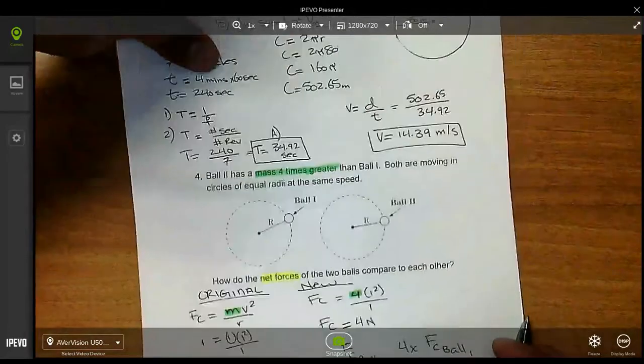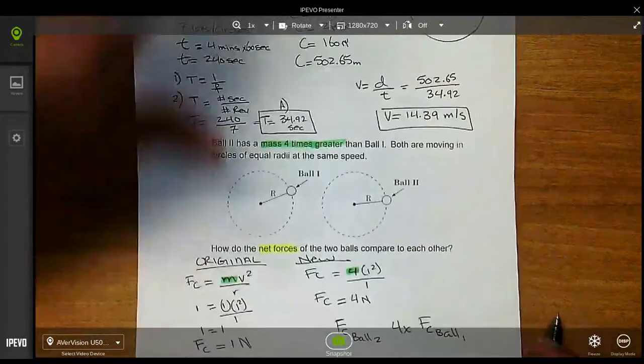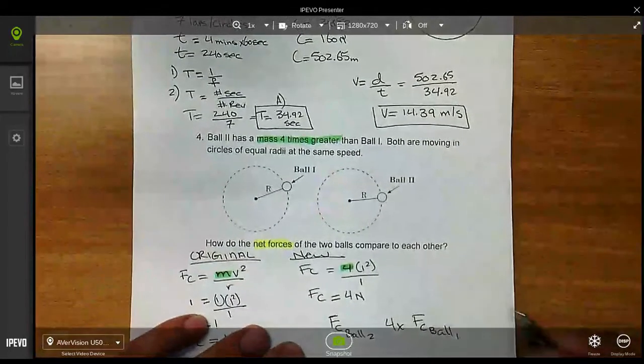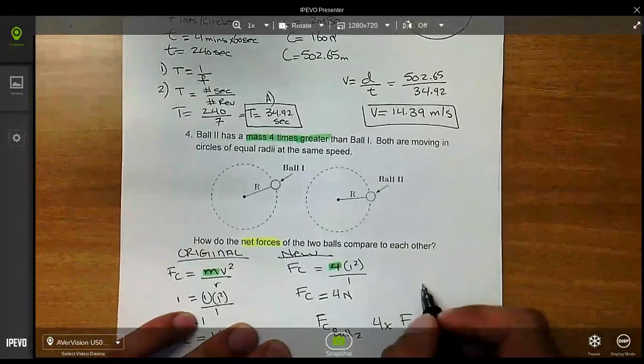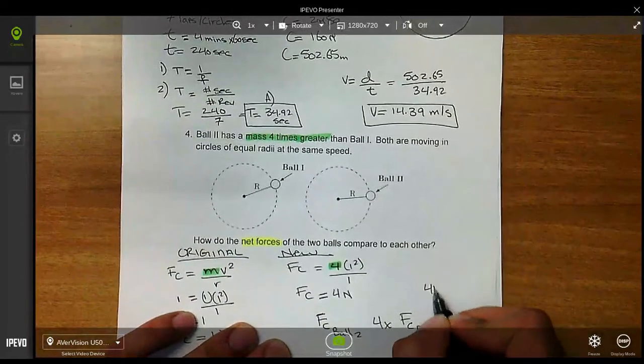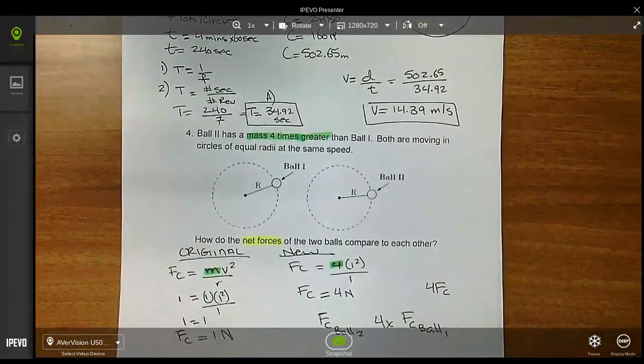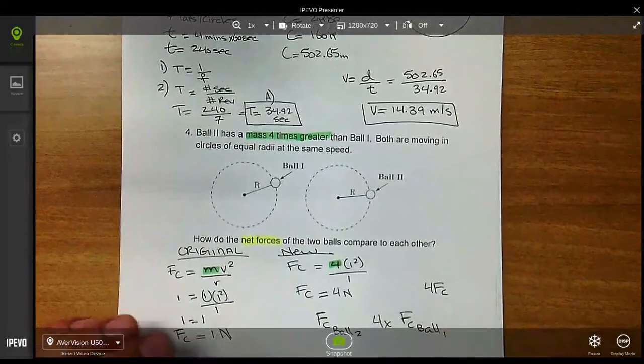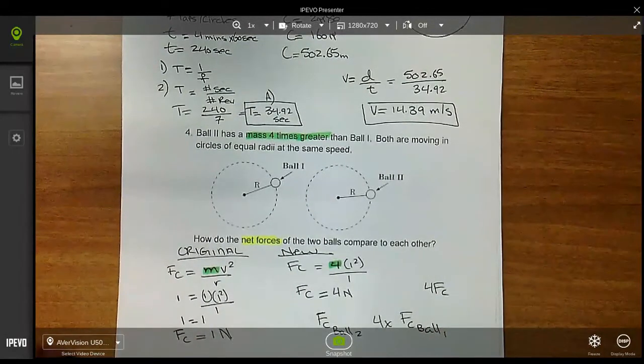Or another way you could say it is that it is 4 times Fc. So that still works as well. We could say 4 times the centripetal force of ball 2 compared to the original. So either one of these works.